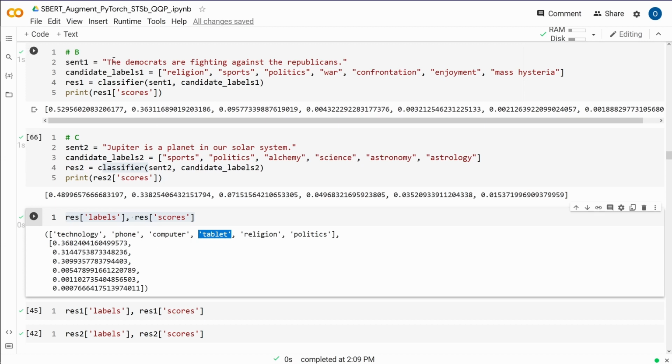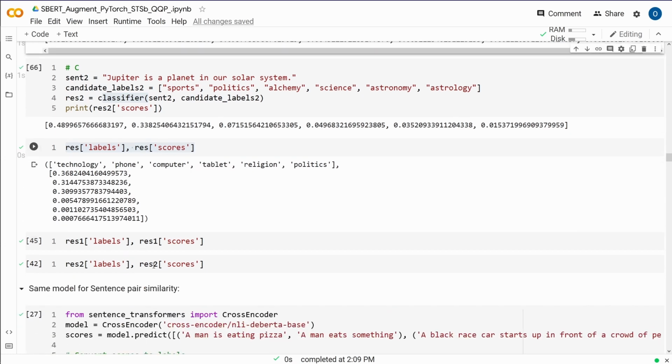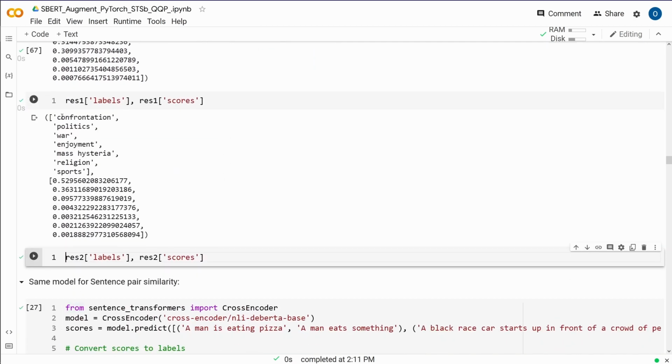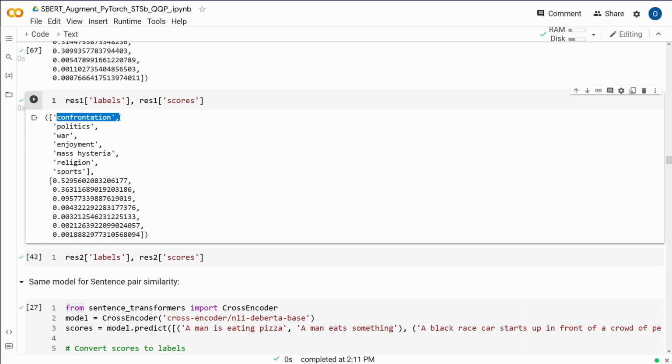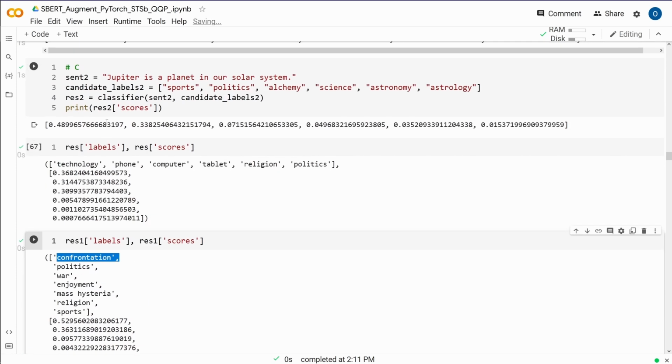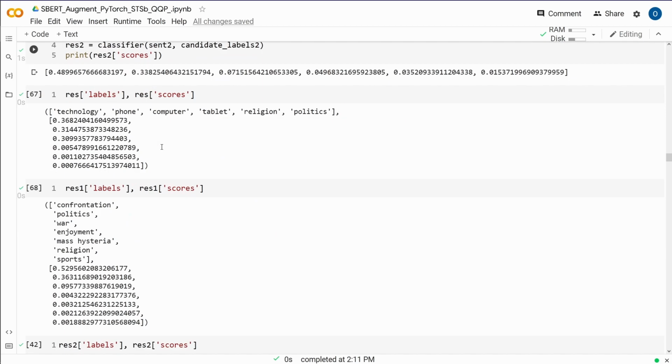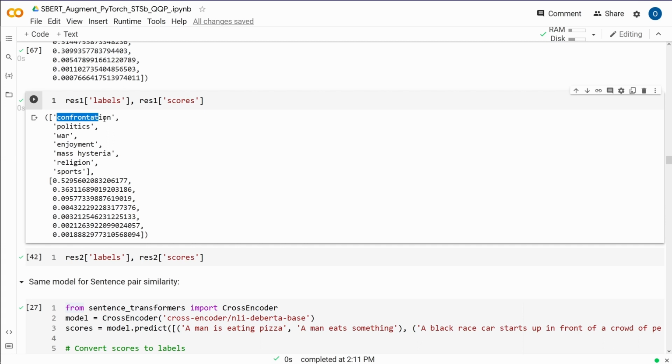Now, the second was the Democrats are fighting against the Republicans. So what is this? Let's look at both the labels and the scores. In the labels you can see, highest, it is a confrontation, yes. And you remember I also said war. Because of fighting against, a typical lexical search, not a semantic search, would give you, hey, this is an act of war. But no, it understands that it primarily is a confrontation. Then it understands it's politics. And then it comes with the lexical connotation of war.